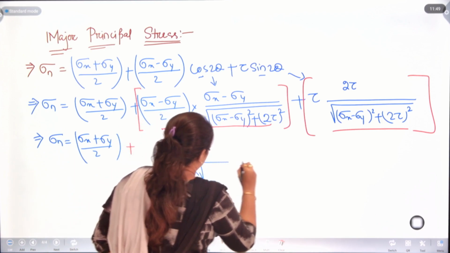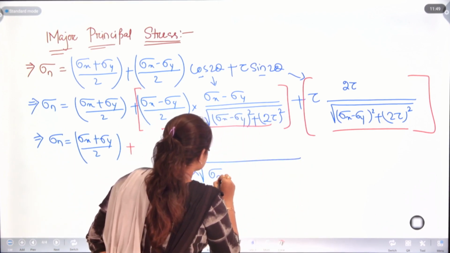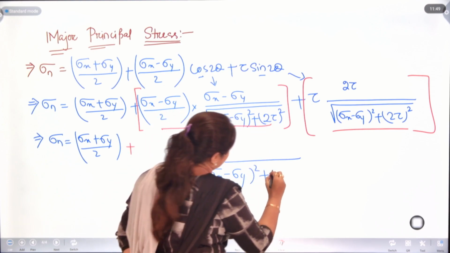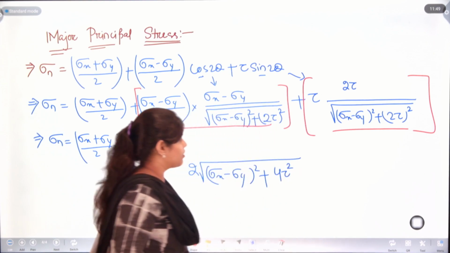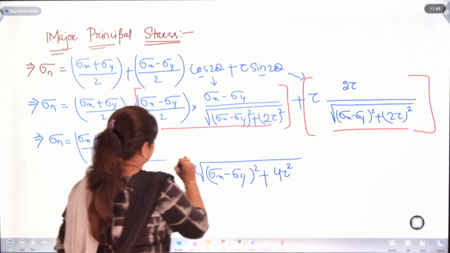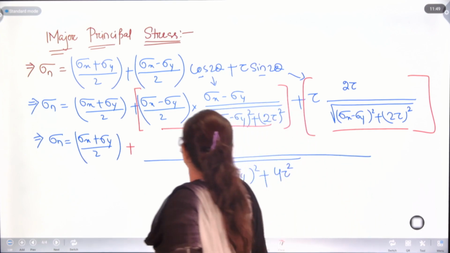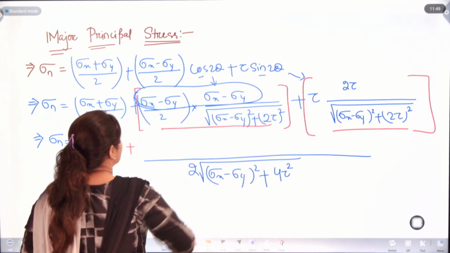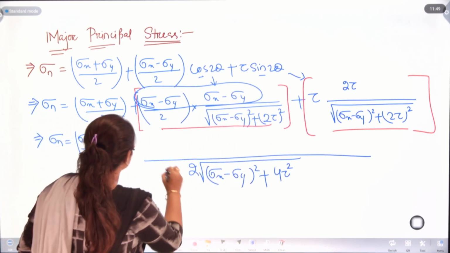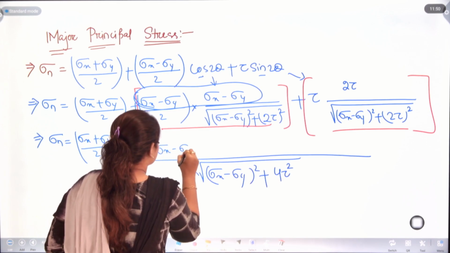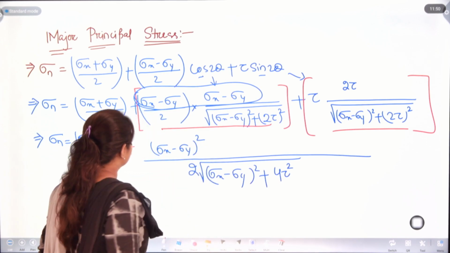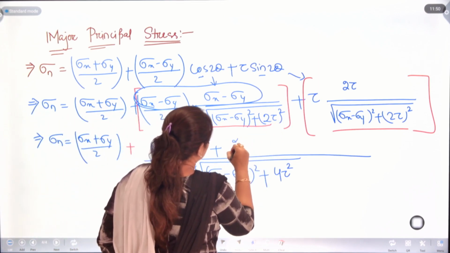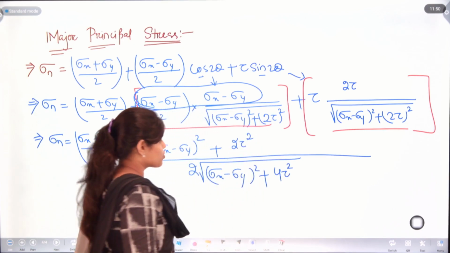So, let's take it sigma x minus sigma y square plus 4 tau square. Now, here we will have the whole square of sigma x minus sigma y, no issues, sigma x minus sigma y whole square, plus 2 into tau square.